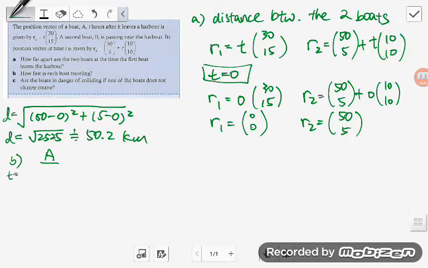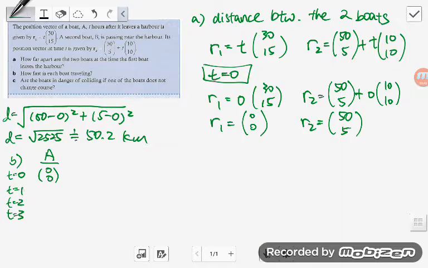On the left hand side, I'm going to have t equal to 0, t equal to 1, t equal to 2, t equal to 3, just a few points to get an idea. When t equals 0, my boat A is at (0, 0).